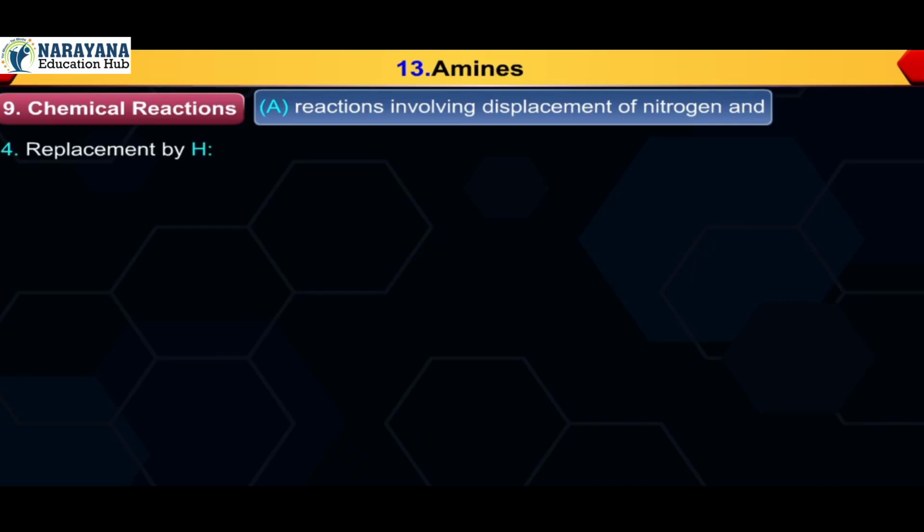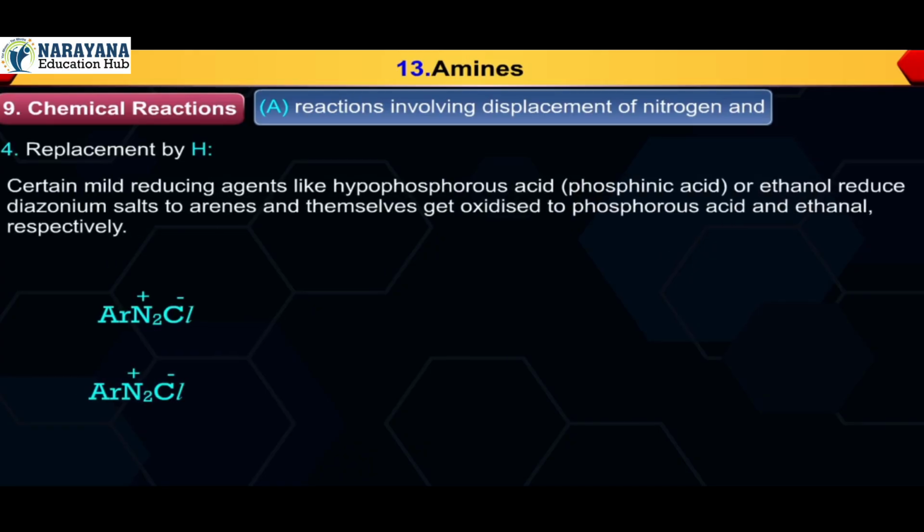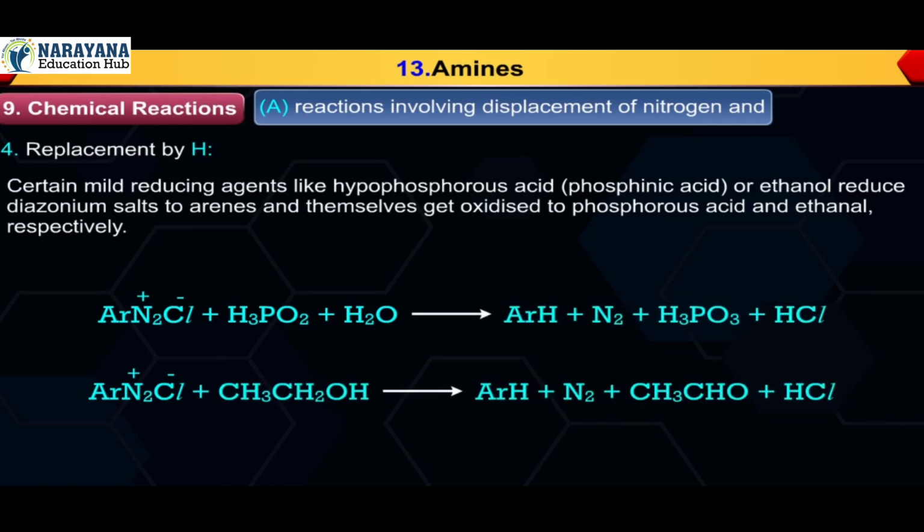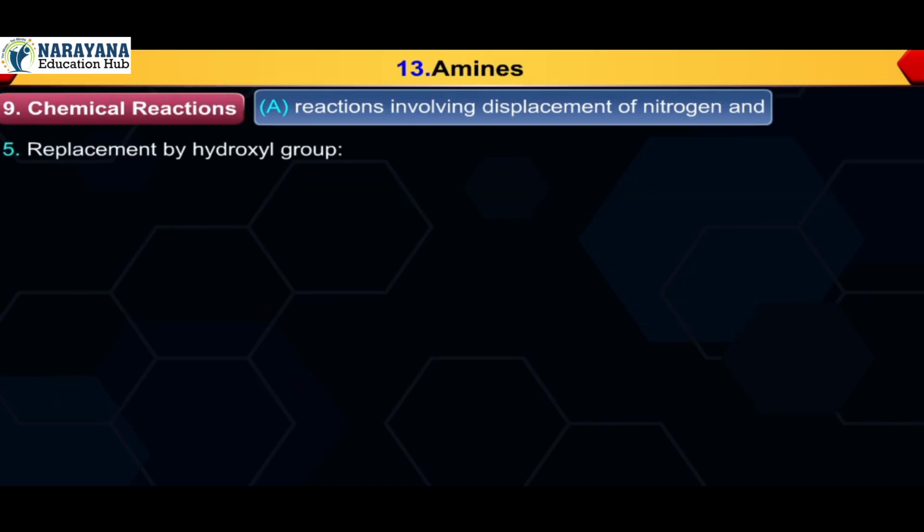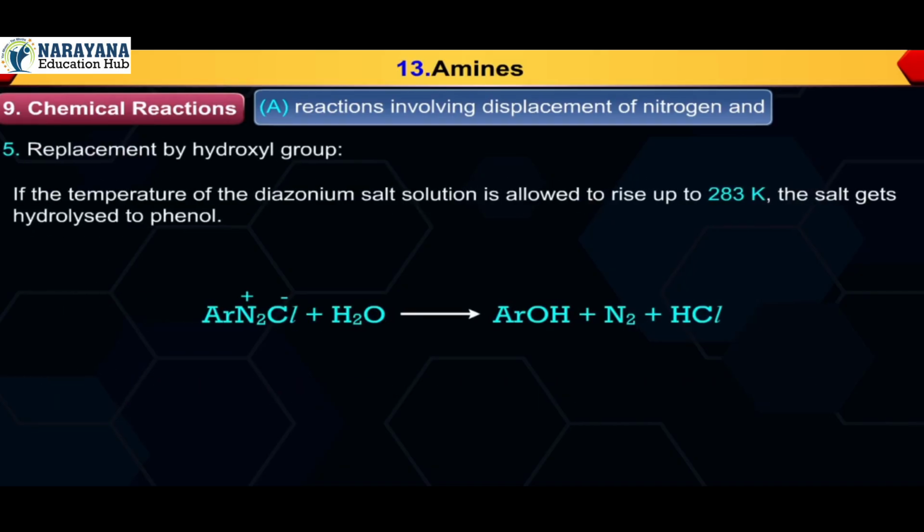4. Replacement by hydrogen. Certain mild reducing agents like hypophosphorous acid, that is, phosphinic acid, or ethanol reduce diazonium salts to arenes and themselves get oxidized to phosphorous acid and ethanal, respectively. 5. Replacement by hydroxyl group. If the temperature of the diazonium salt solution is allowed to rise up to 283 Kelvin, the salt gets hydrolyzed to phenol.